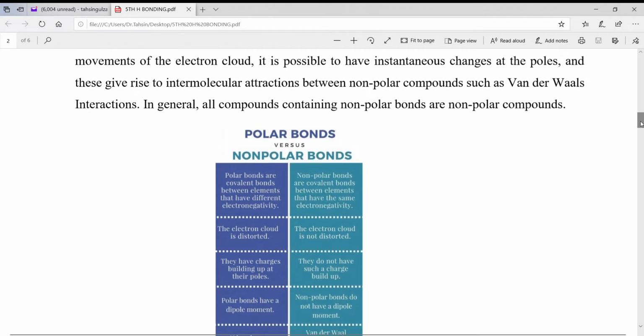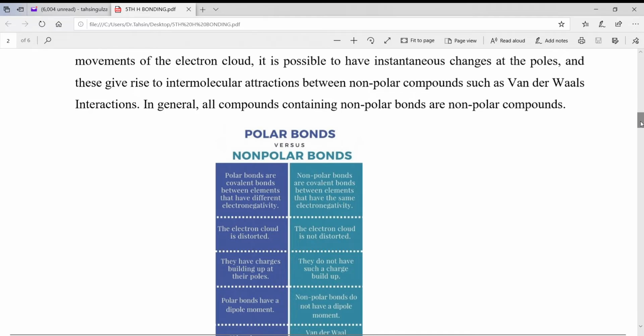Third thing, as there is electronegativity difference, on their poles they have charges, positive or negative. Partially positive, partially negative. In non-polar there is no question of partially positive, partially negative.